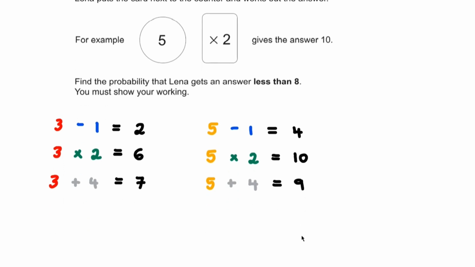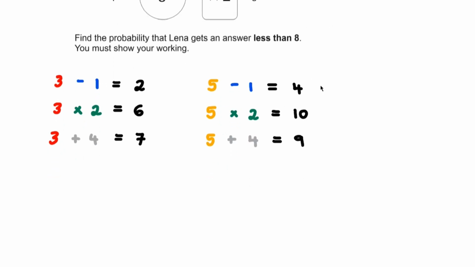So, let's think, what do we need to do? We need to find out the probability that we get an answer less than 8. So we want the probability of getting an answer less than 8. Well, the 2 is less than 8, the 6 is less than 8, the 7 is less than 8, and so is this 4.